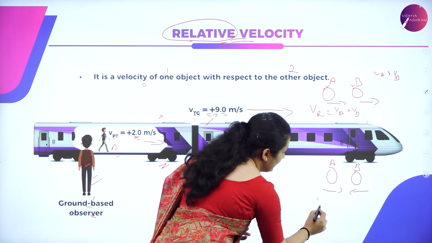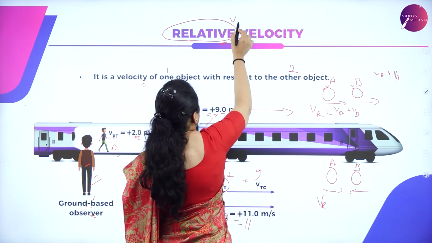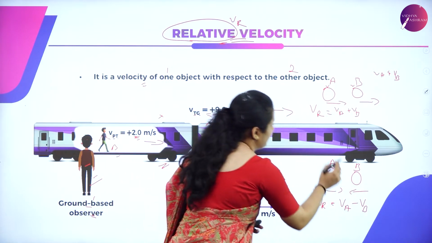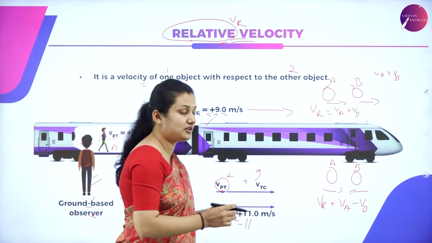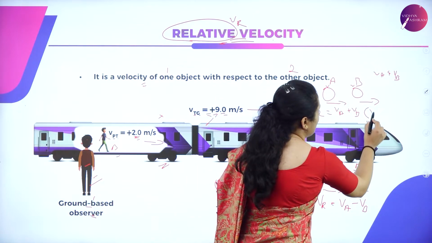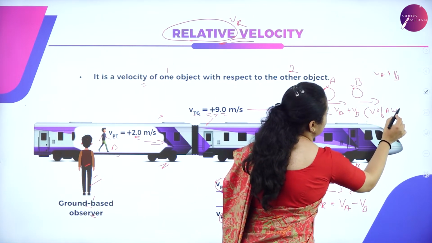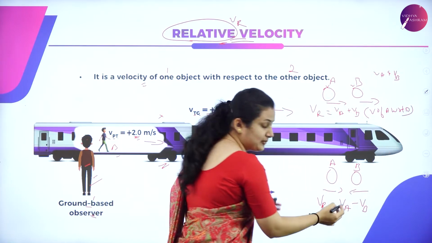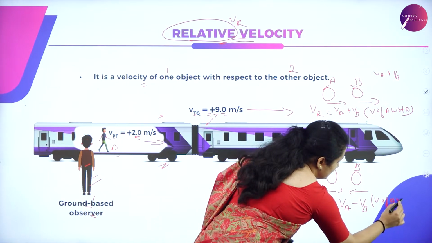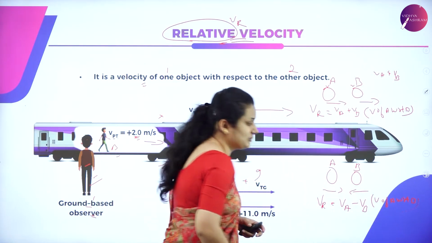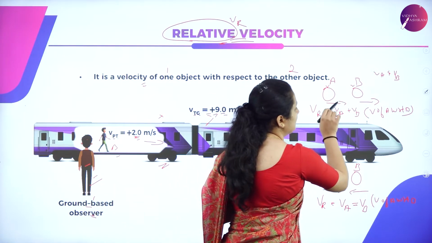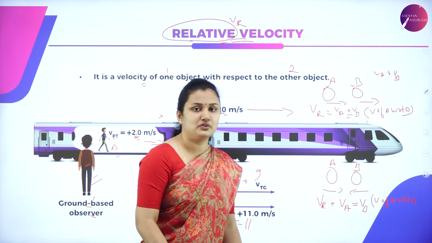That means your relative velocity VR will be VA minus VB. The relative velocity VR is equal to the velocity of A with respect to B. The negative sign is because they are moving in opposite directions. When they are moving in the same direction, that's why I have plus VB here.